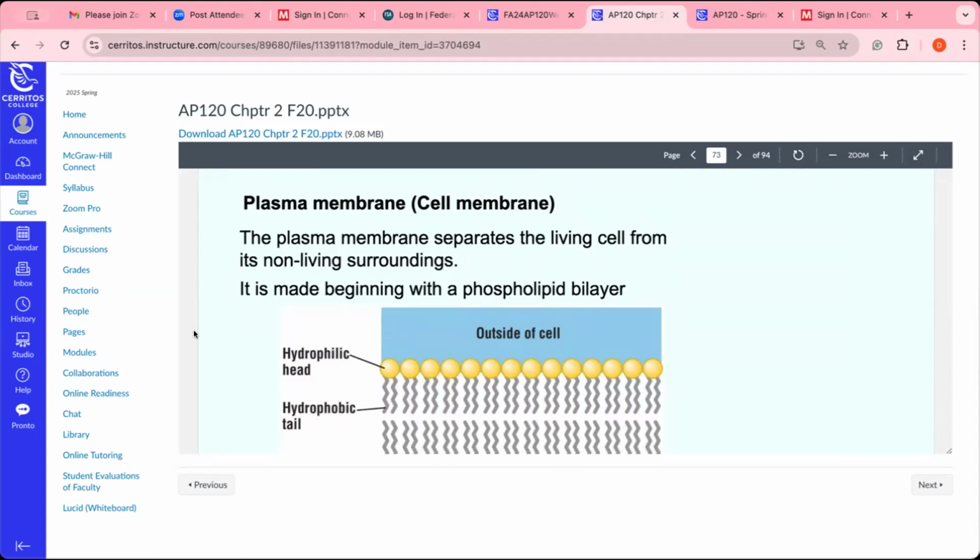So outside the cell, you want that hydrophilic head to be facing where the liquid is on the outside of the cell. They love water, they love liquid, so they're going to have their heads toward the outside of the cell, and they're going to have their tails on the inside, which is what you see here.